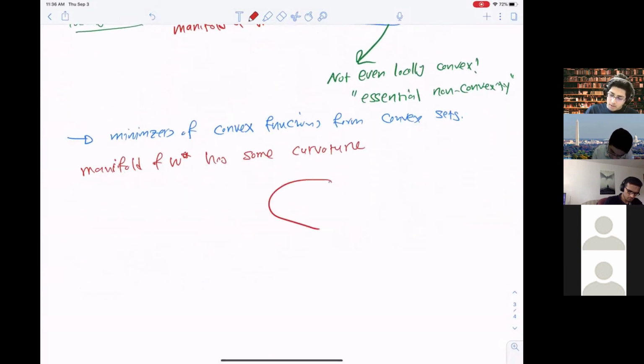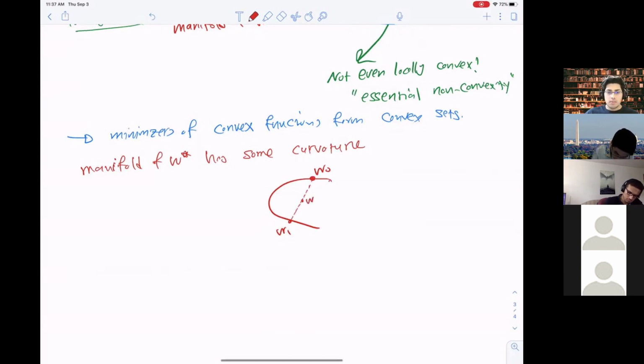Right? So let's say all of the solutions over this manifold are my W stars, including, let's say, W0 and W1. And I know for minimizers of convex functions, the solutions should form a convex set. So in other words, if I connect these two, this line should be in my set of solutions. But I know, let's say for instance we have W prime here.